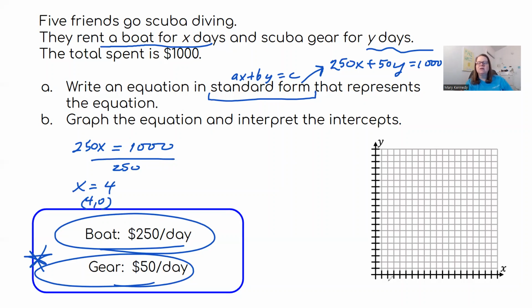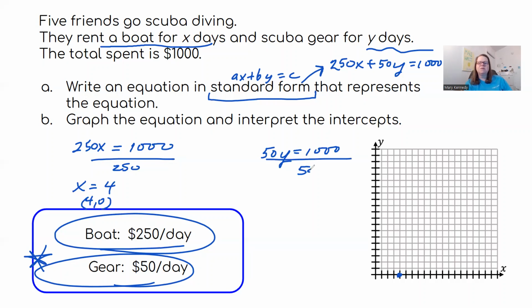So if we just count by ones here, that would make this our x value. And then for y, doing the same, we're treating x like it's 0, which means it completely goes away because 250 times 0 is 0. So we have 50y equals 1,000.